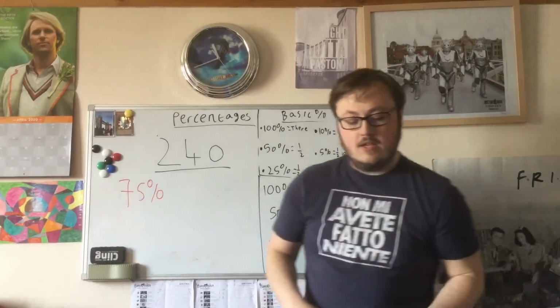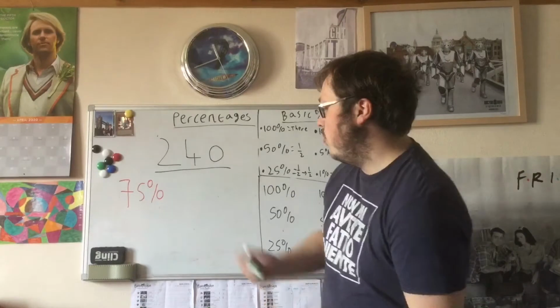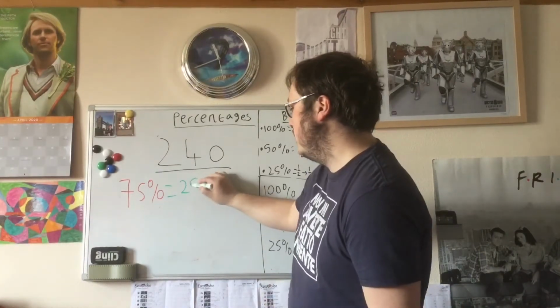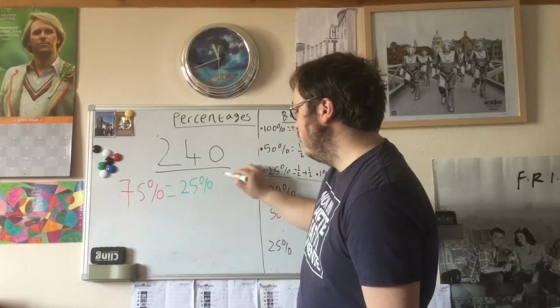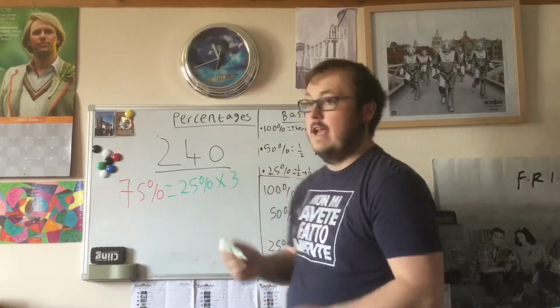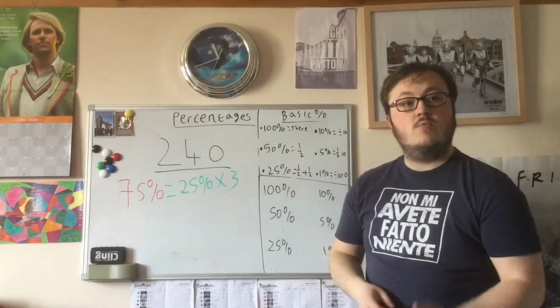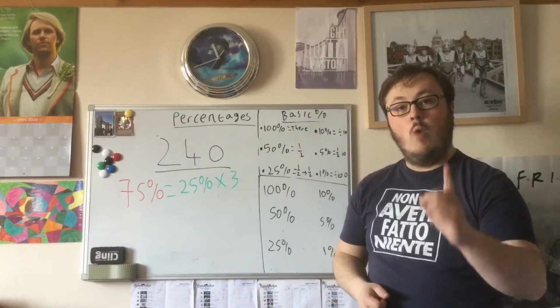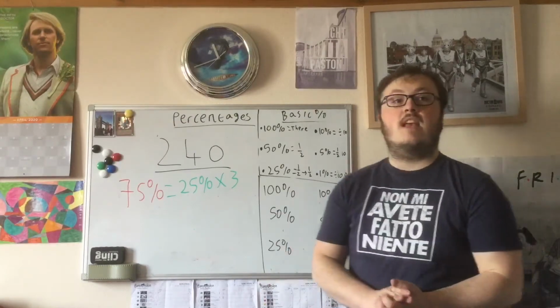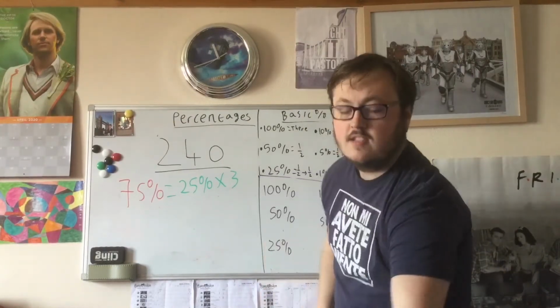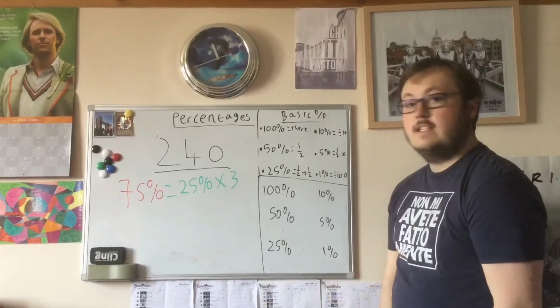The method I'm going to do is 25% times by 3. The reason why is because we only need to find one of the basic percentages for it. So how do we find 25%?